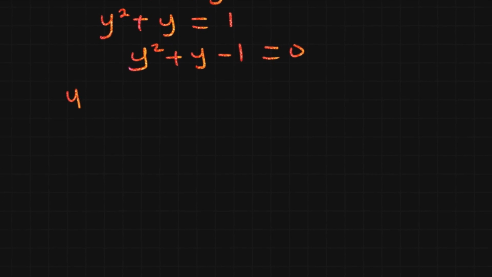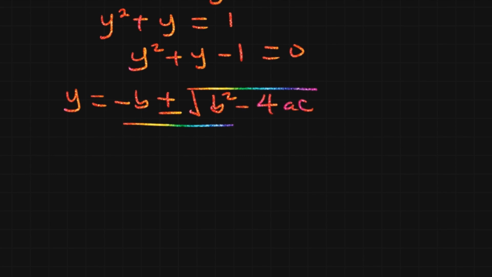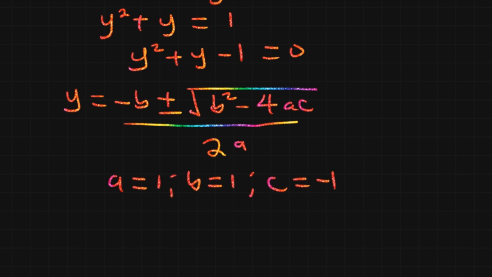Remember, the quadratic formula says that you can get this value by taking minus b plus or minus the root of b squared minus 4ac, and this is over 2a. So it means we have to identify the value of a, and the value of a in this case is 1, and the value of b in this case is 1, and the value of c is negative 1.